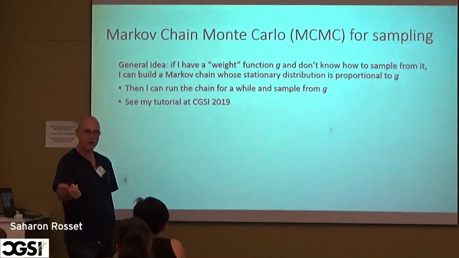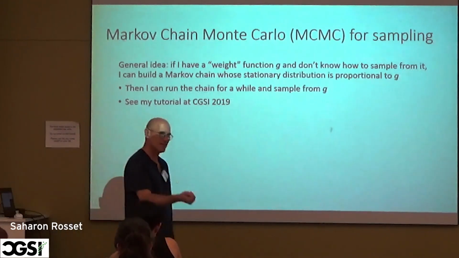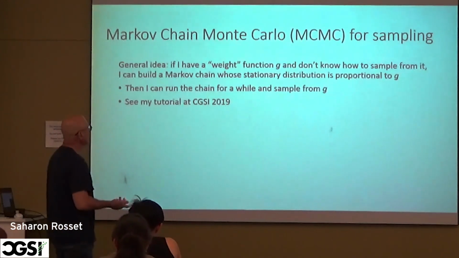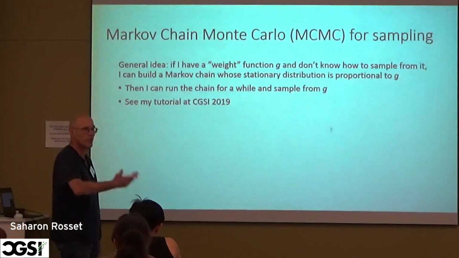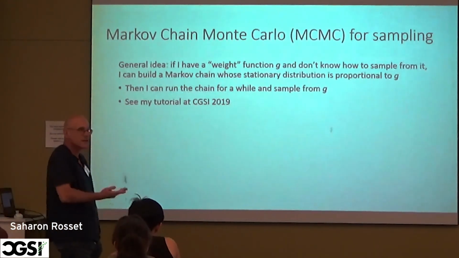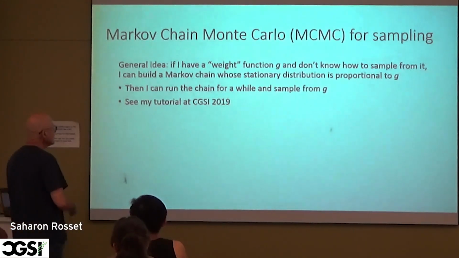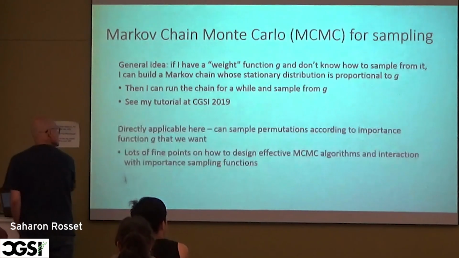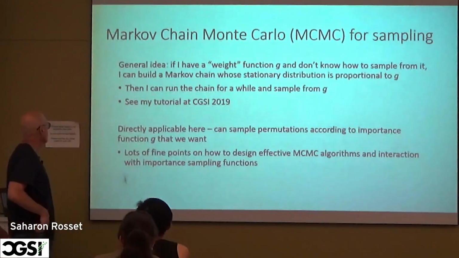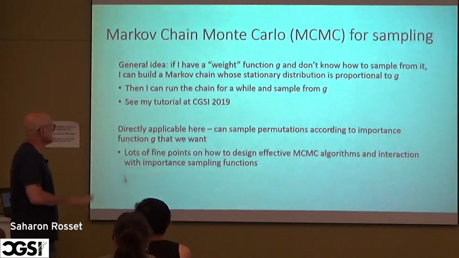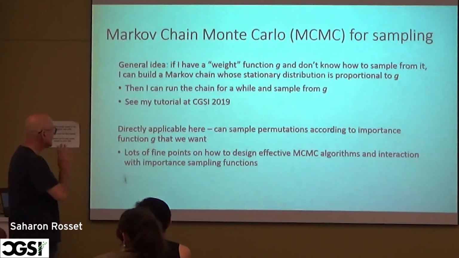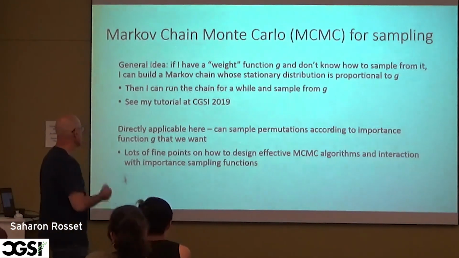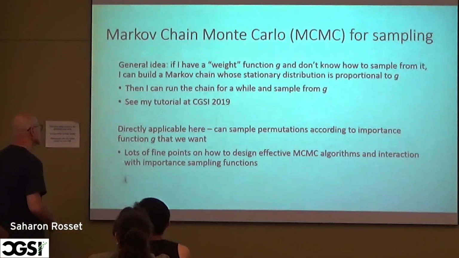Because if I take a Markov chain whose stationary distribution is G, then I can just run this Markov chain for a while, and then I automatically get a sample from G. Okay, so that's actually a way to sample, and I gave a tutorial on MCMC a couple of years ago here. So I'm not going to get into more details, but this is directly applicable to our problem. We can sample permutations according to the importance function that we want.